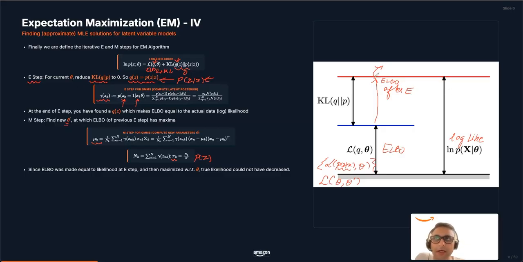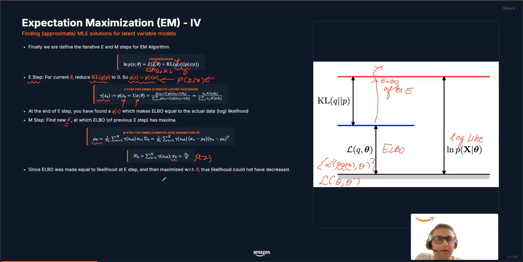It may happen that after maximization you still remain at the same place, I mean, the theta is such that the ELBO cannot increase further. So EM guarantees that the likelihood will not decrease. It may not increase monotonically, it may remain the same, but it will not decrease.